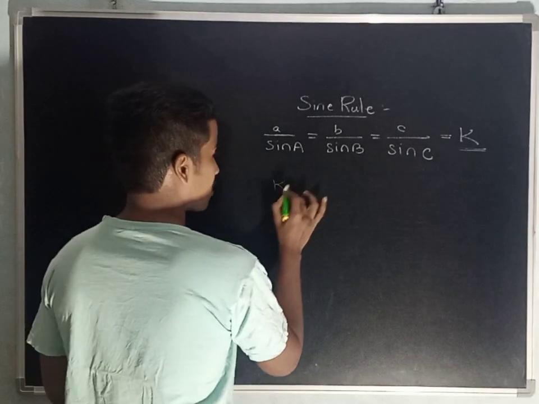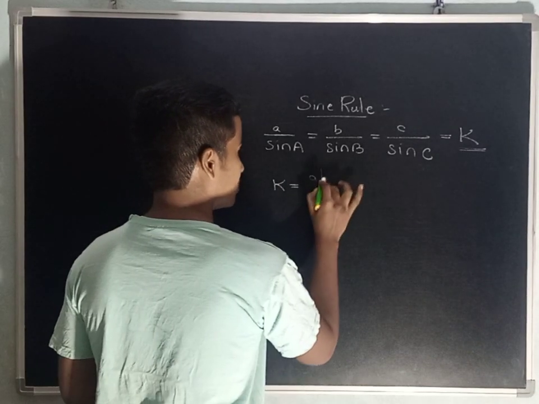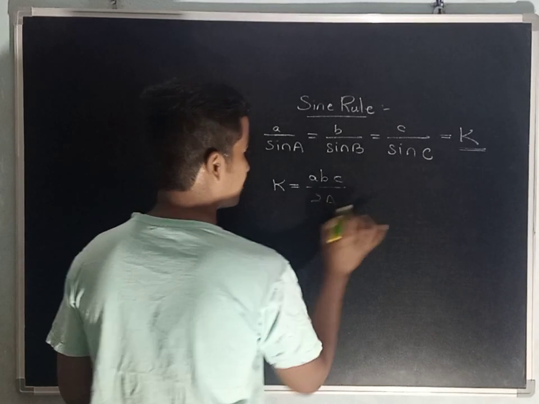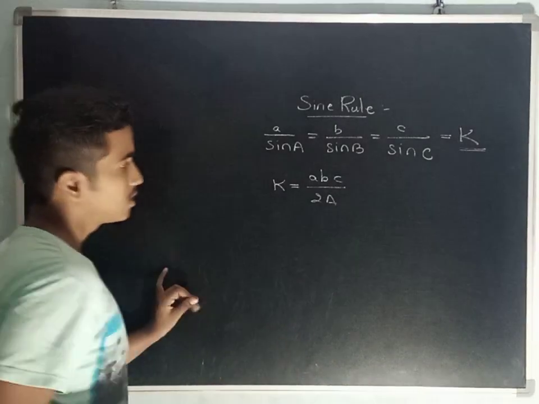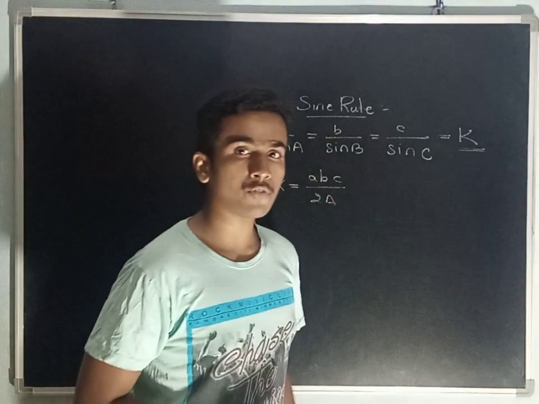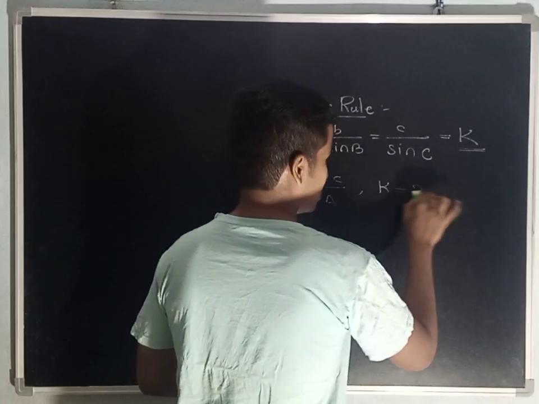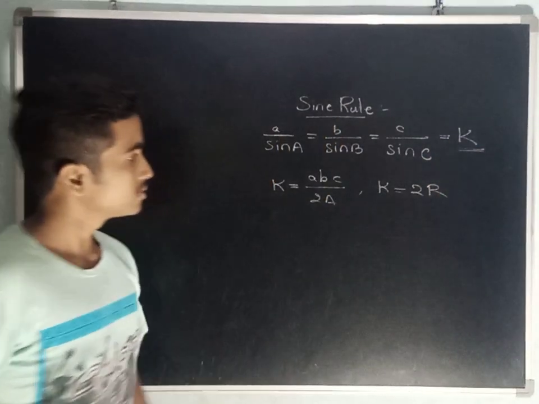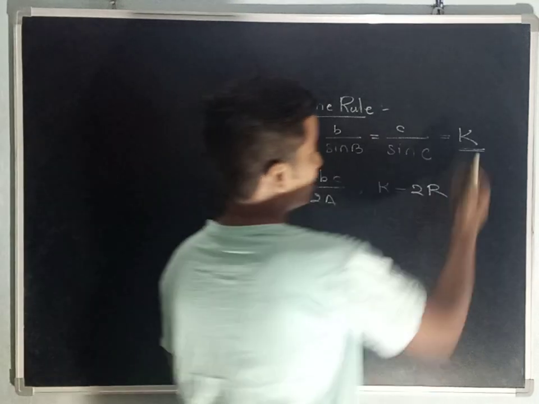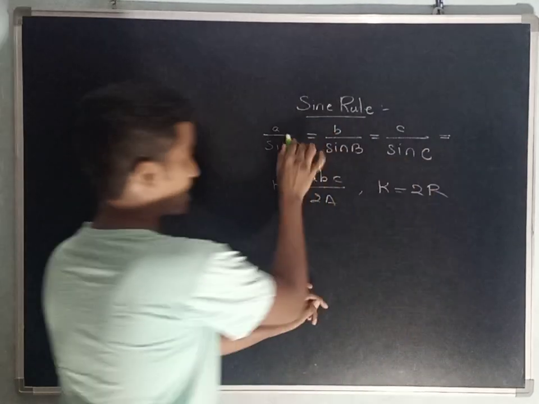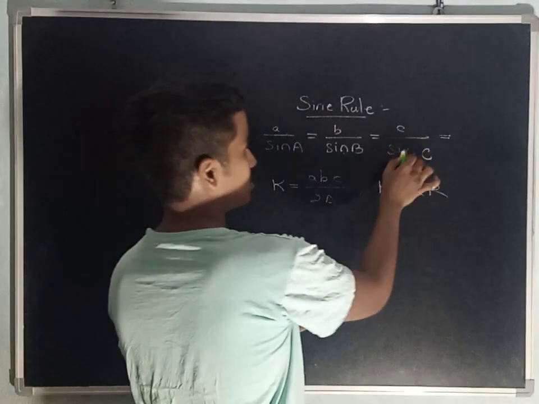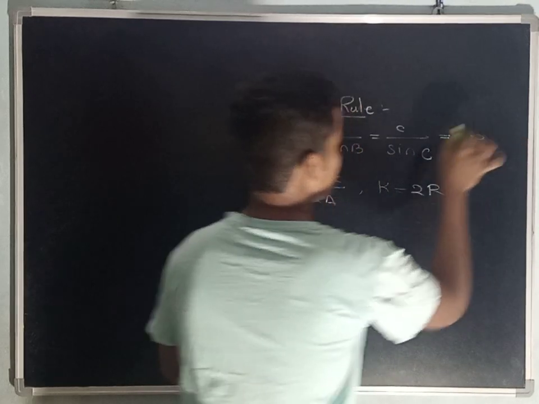First, we solved that k is equal to abc by 2 delta. After discussing the concept of circumcircle, we came to know that k is equal to 2R. So finally, we have modified the sine rule as a by sine A is equal to b by sine B is equal to c by sine C is equal to 2R.